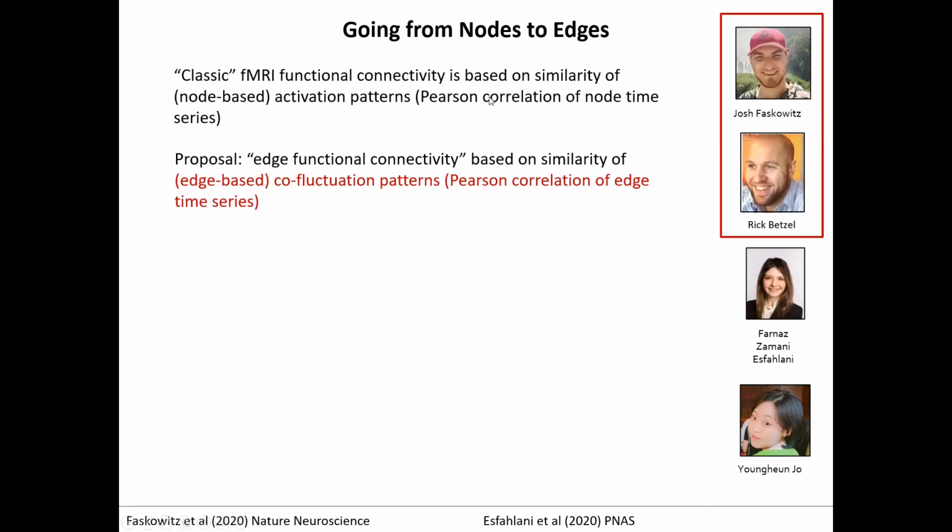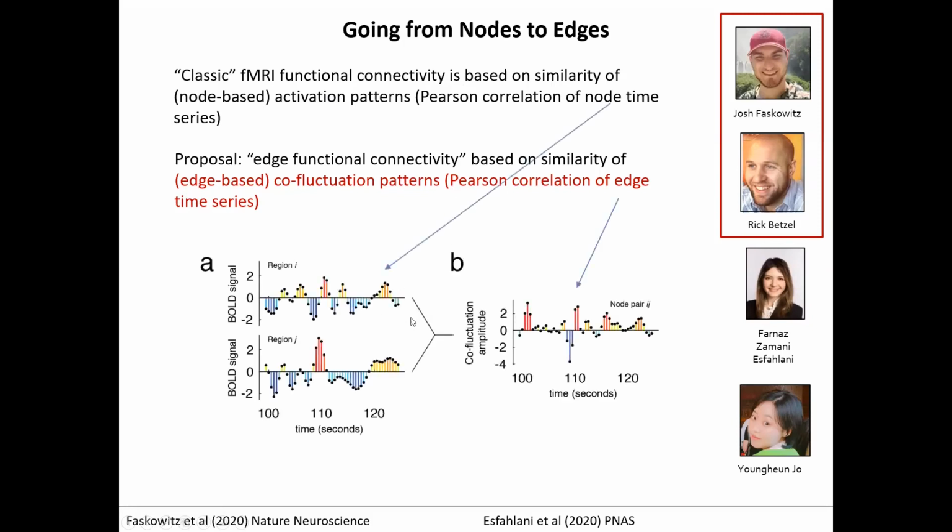I should say that technically speaking, these are partial correlations because a lot of nuisance variables, age, sex, motion variables, have been accounted for and partialed out. What we did is the following. In classic analysis, we take BOLD signals, measurements of activation in brain regions at each moment in time, shown here for 2 regions.